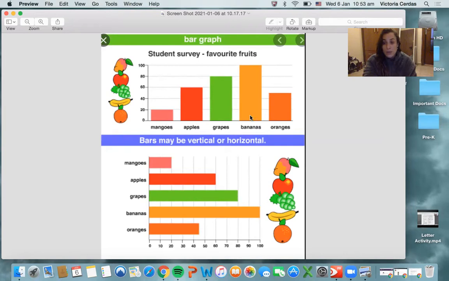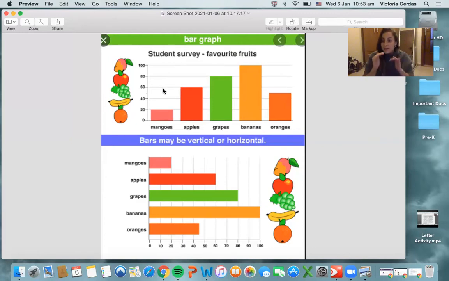Then we had the biggest, I think, 100 people like bananas. And then a little less over here, oranges. It's in the middle of this. That means it's around 45, maybe around that, because it's in the middle, or maybe even 50, huh? Well, that is another talk for another day.